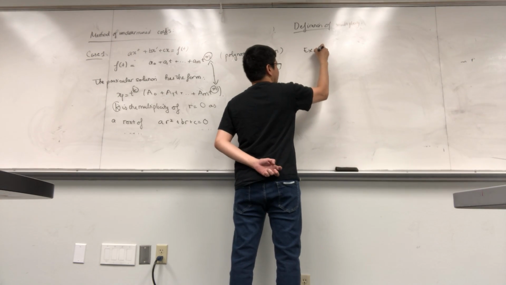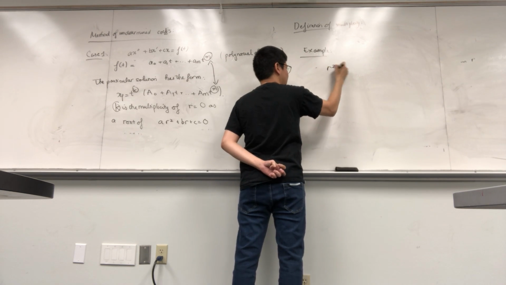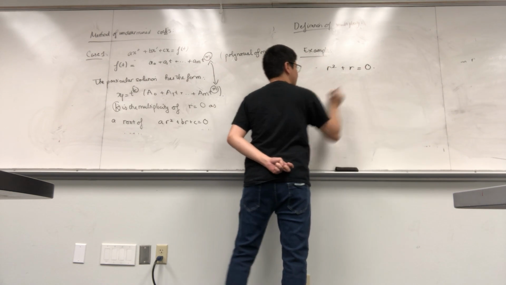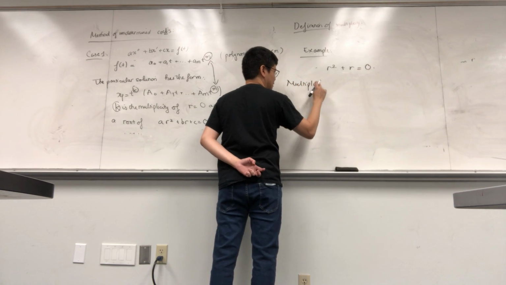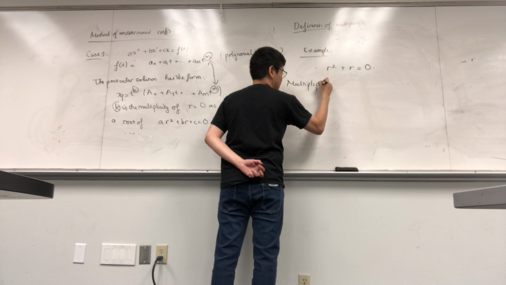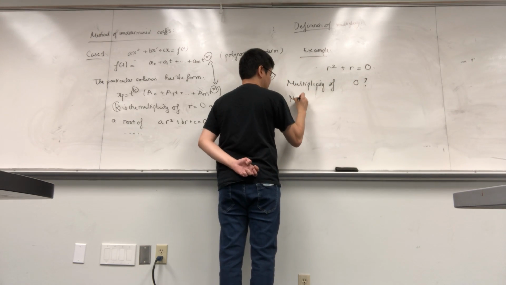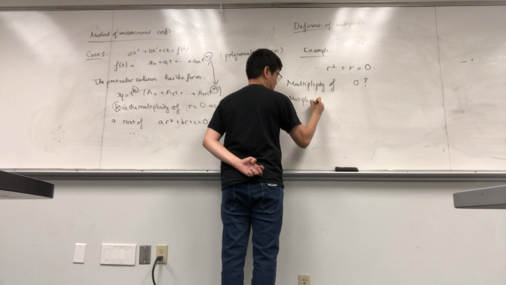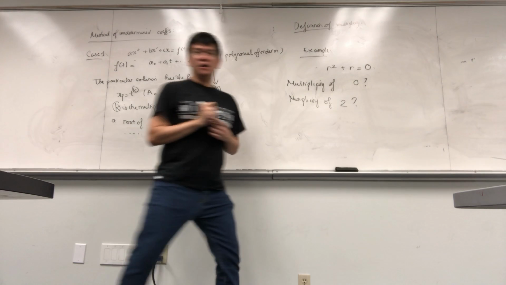Example. You have r squared plus r is equal to 0. Multiplicity of 0 and multiplicity of 2. Right?